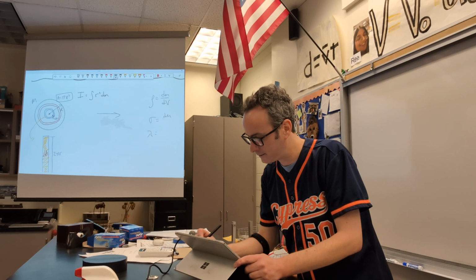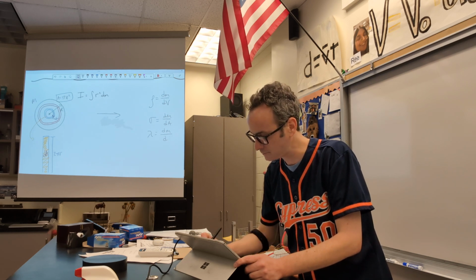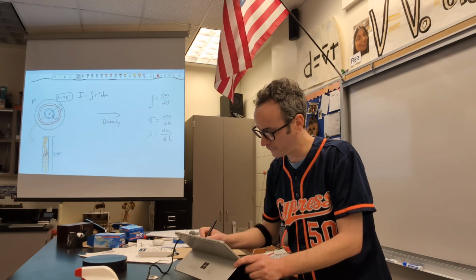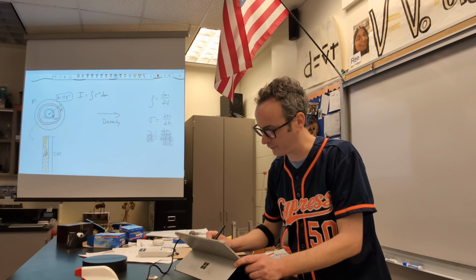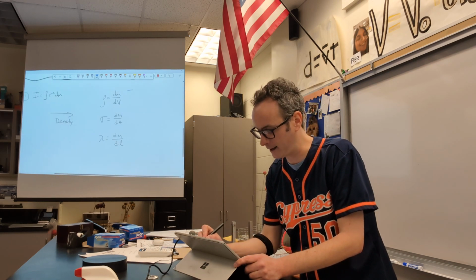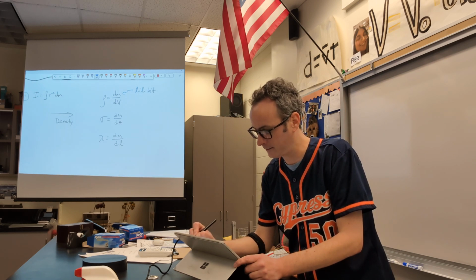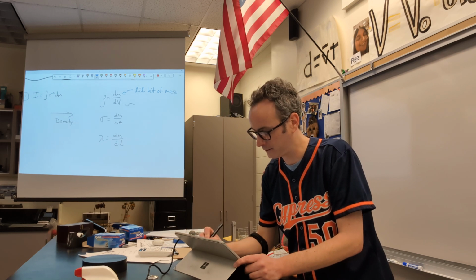You could do sigma equals dm over dA, or lambda equals dm over dl. Again, we're using density to solve our problems for us. You'll see why in a moment. This is a little bit of mass, and this is a little bit of volume.